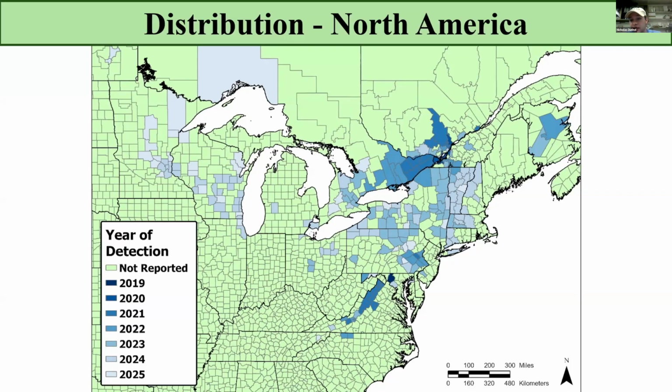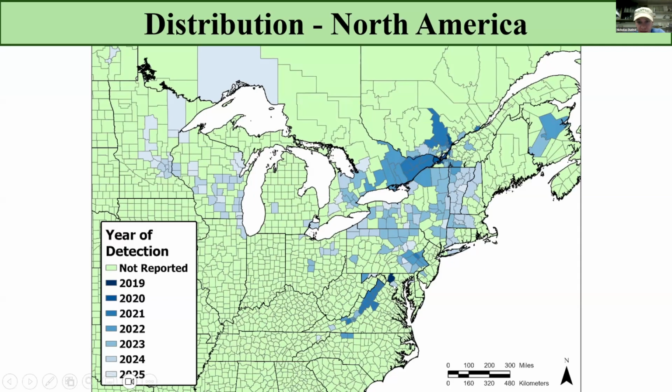Eventually, kind of the same year, that prompted Canadian foresters to look more thoroughly at iNaturalist, and they ended up finding some reports in Virginia as well, where populations were confirmed in 2021. However, looking back even further, we found that the earliest detections of Elm Zigzag Sawfly in North America are from 2019 in central Maryland.